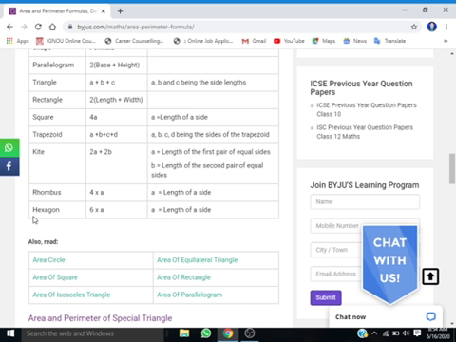In a hexagon, there are 6 sides, and the figure is treated as a regular hexagon, so all sides must be equal. Then the sum of all sides becomes 6 times the side, that means 6 times A. So these are the formulas of perimeter for such geometrical figures.